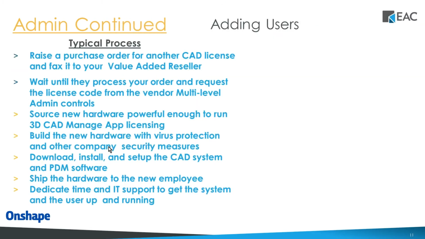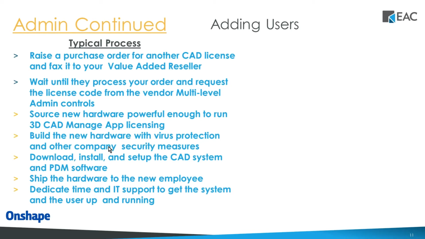So the first thing I want to talk about is the typical setting up of users that we're used to seeing. And it's always been this way for at least as long as we've had CAD. First of all, you need to get a PO to purchase the software, and then you want to go in and start to get your license codes, because you need license codes to run the software.